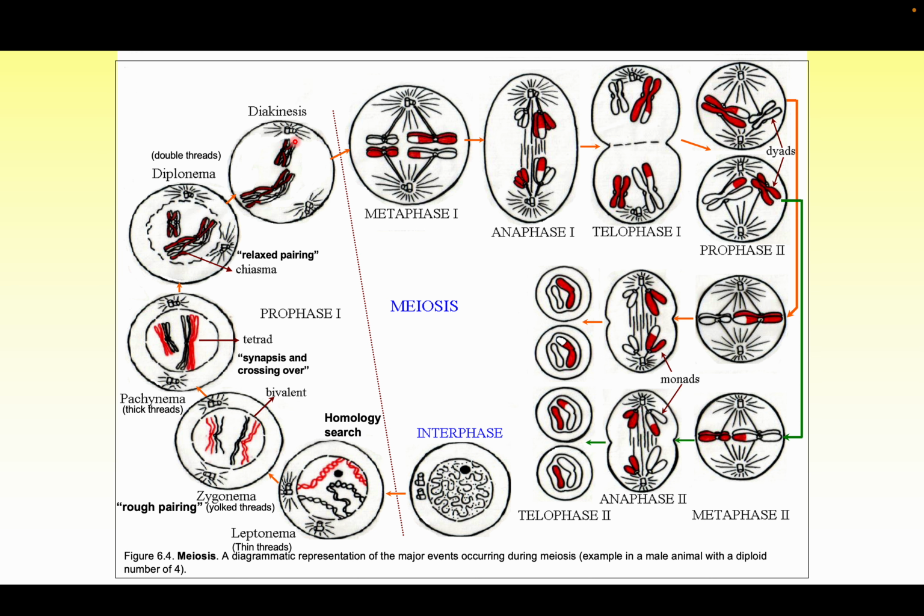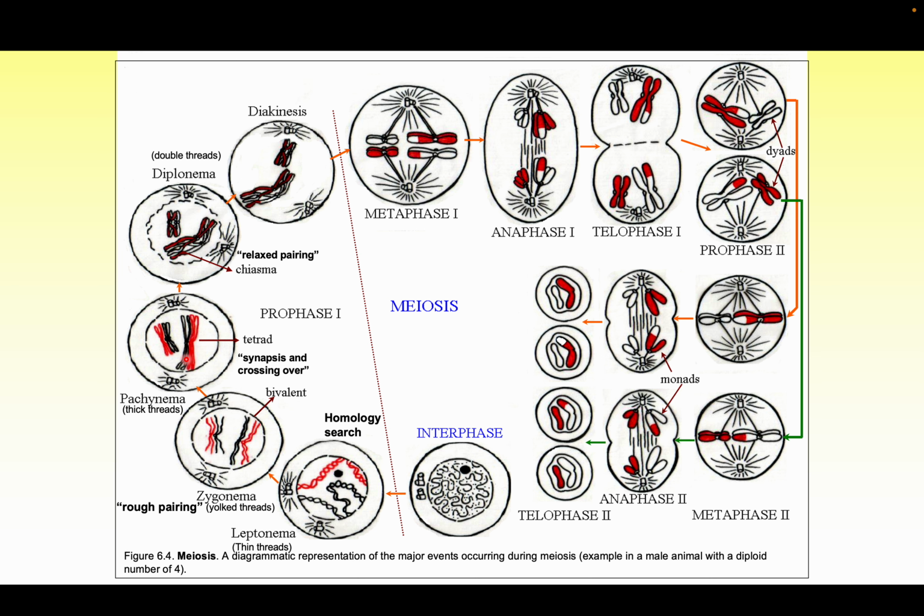During the pachinema stage, or the pachytene stage, chromosomal material is exchanged between the maternal and the paternal homologous chromosomes, and that exchange is facilitated by crossing over.